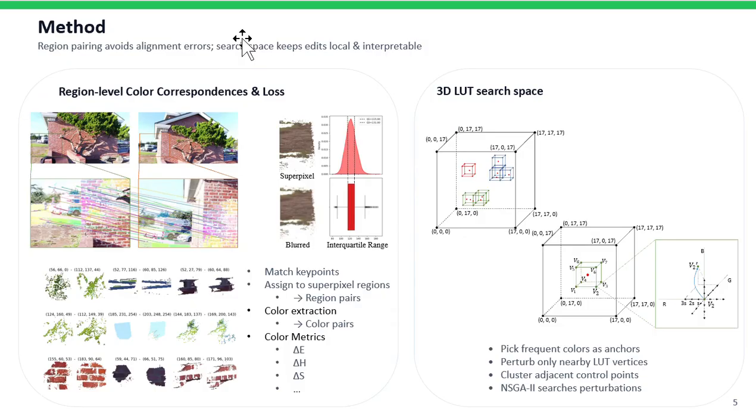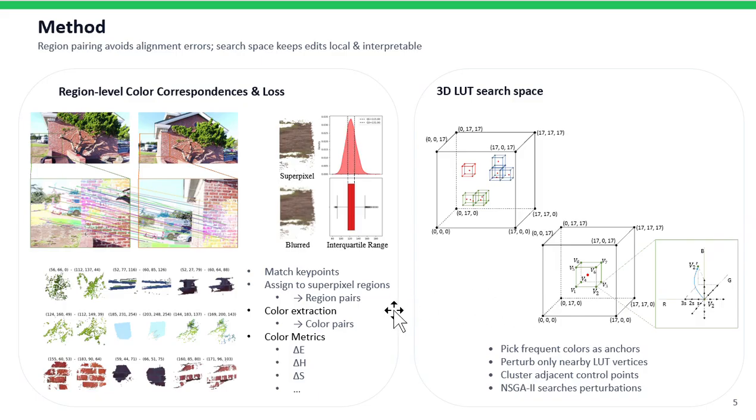Here's the key mechanism. For the region level correspondences and loss, we match the key points and then assign them to the superpixel regions to match the region pairs, and then extract the representative colors to form the color pairs and compute color metrics like delta E, delta H, and delta S. For the 3D LUT search space, we pick the frequent colors as anchors, perturb only nearby LUT vertices, and cluster adjacent control points so that the search stays local and smooth.